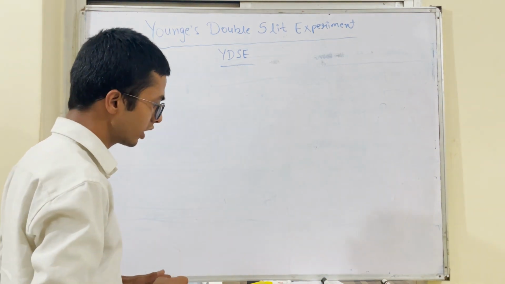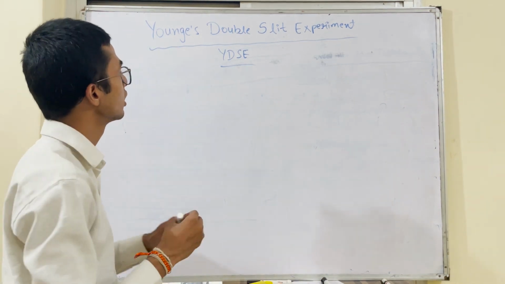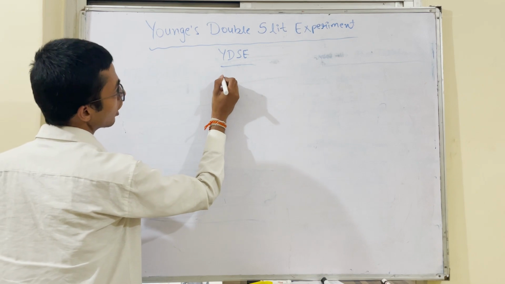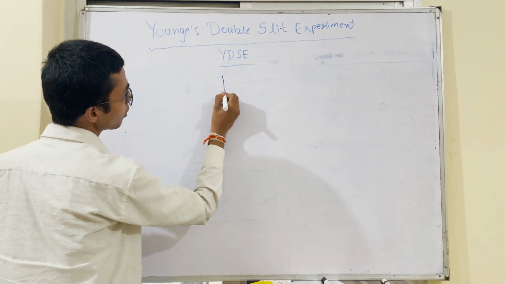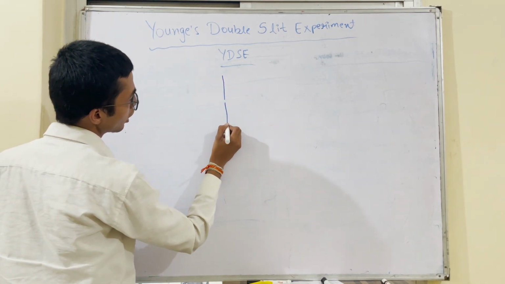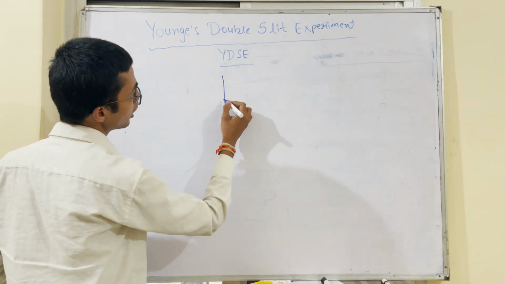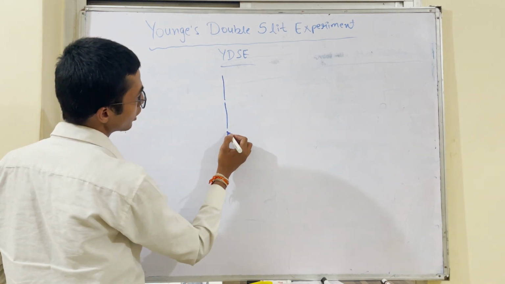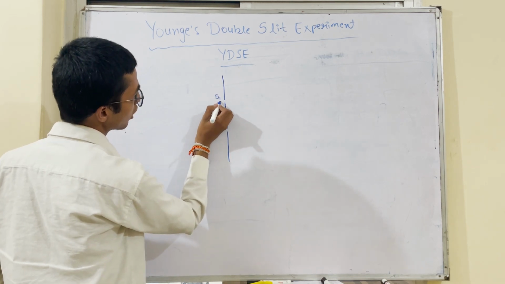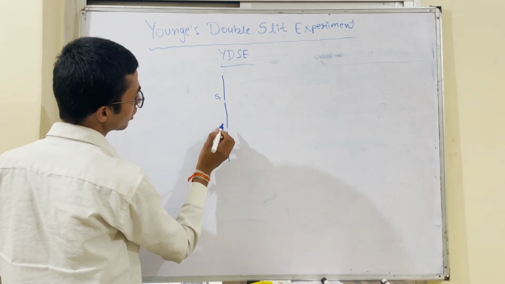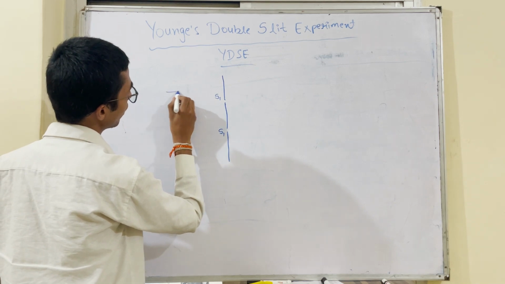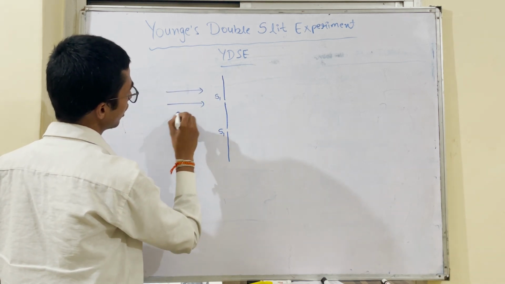So, what is this Young's double slit experiment? In this experiment, we take this cardboard type of thing, and we take these two spacings called S1 and S2. The light waves are coming from this side.